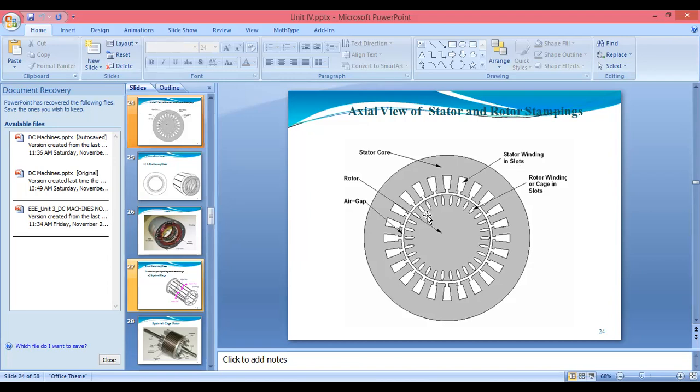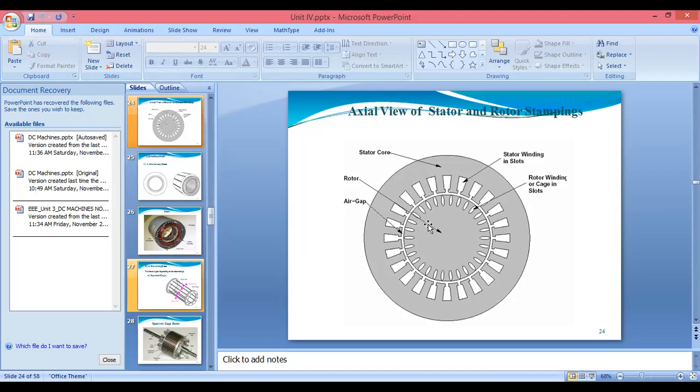After that, inside that, we are putting the rotor winding, and in between the rotor winding and the stator winding there is an air gap. Also, on the rotor winding, we are putting air ducts for cooling purposes. So this is the construction diagram for the axial view of the stator and rotor winding of the induction motor.